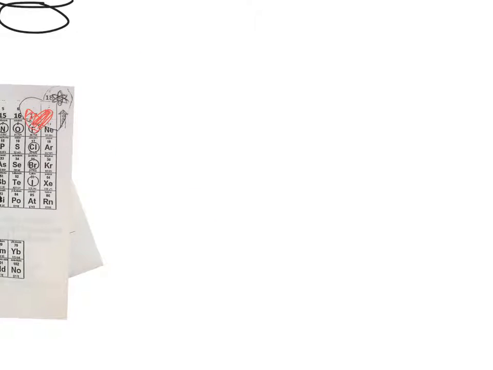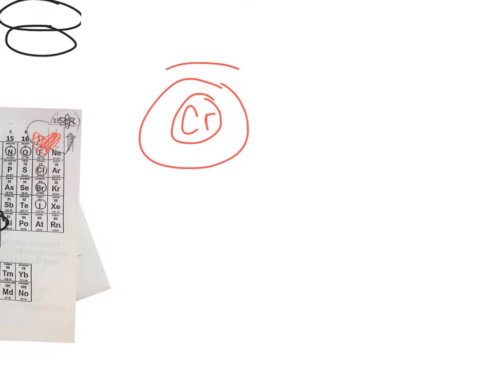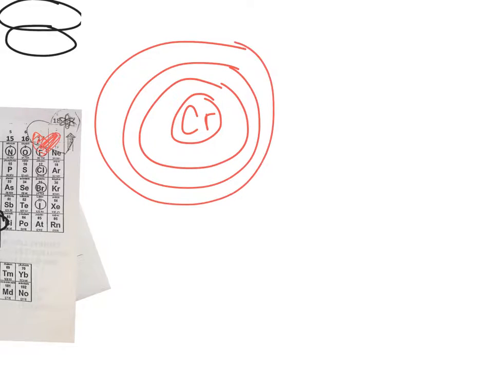All right, so chromium. What row is chromium on? 4? All right, so 1, 2, 3, 4. And it's got an electron there. I don't care about the number of electrons. Oh, but it's back on 3.